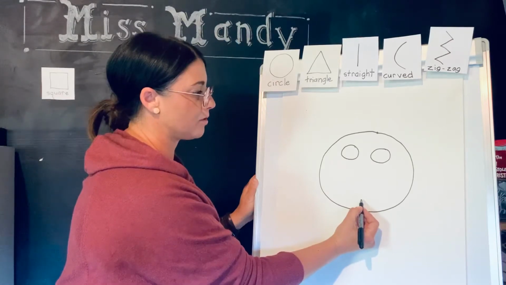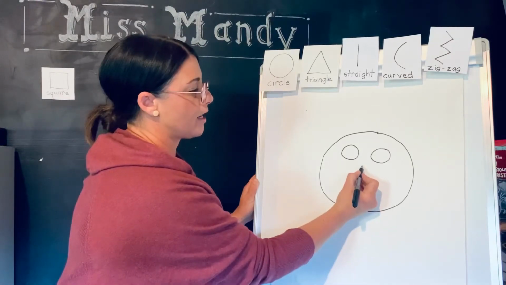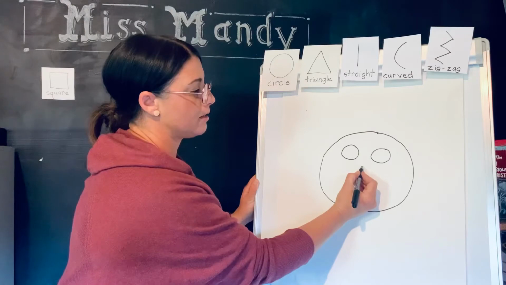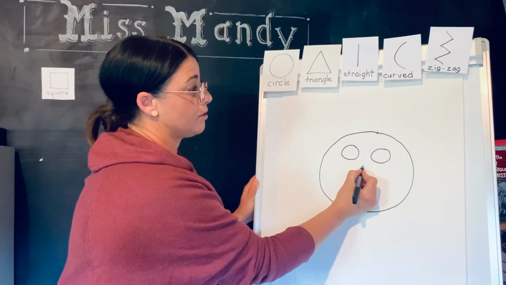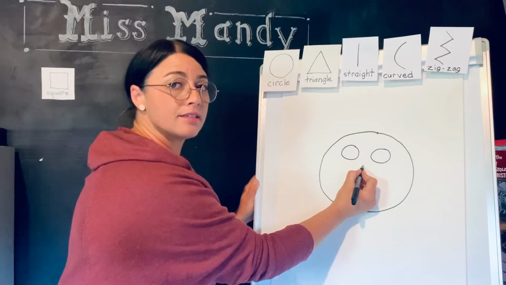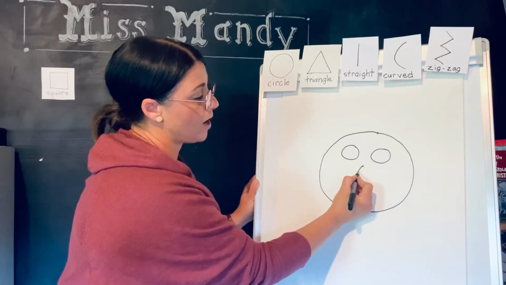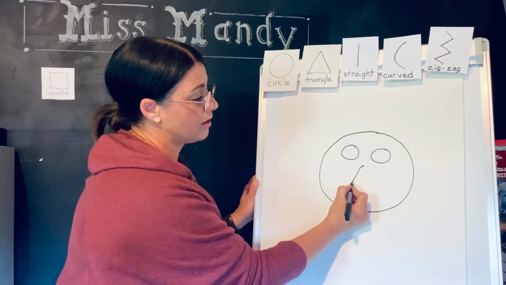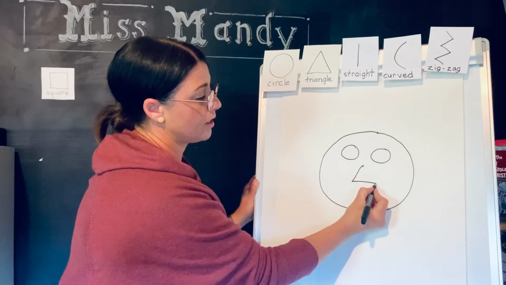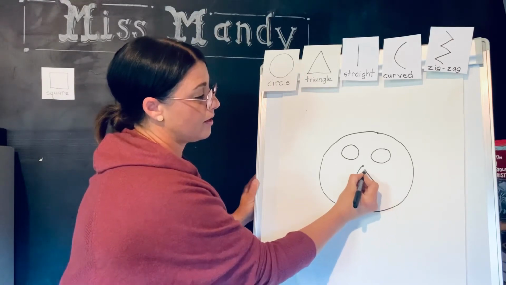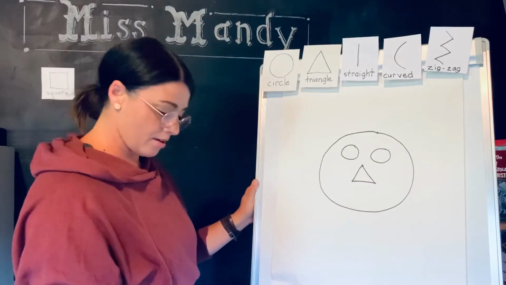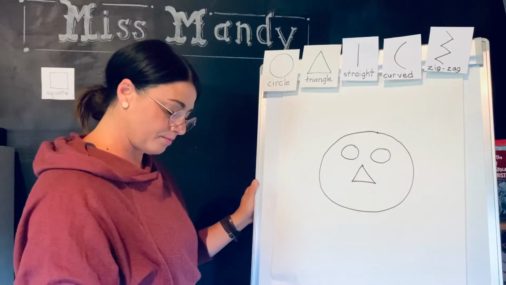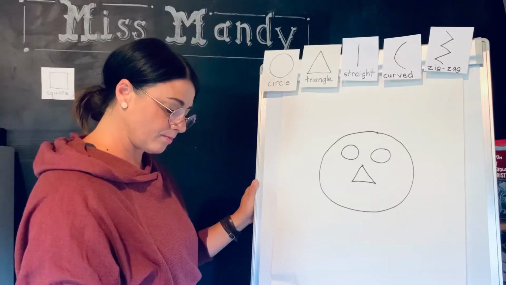That's where the mouth goes. So we're going to draw our triangle right in the middle of our lion's face. So we're going to do 3 straight sides. 1, 2, 3. And there is our triangle.